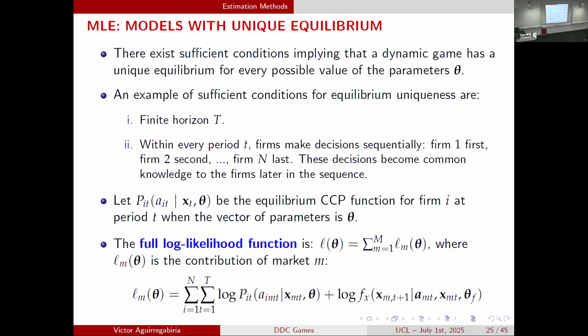That means that we have a well-defined likelihood function. For every value of theta, we have a unique function that includes the choice part of the data and also, in principle, the transition of the state variables. As I mentioned before, I'm going to ignore this part of the likelihood function, and I will focus on this part.